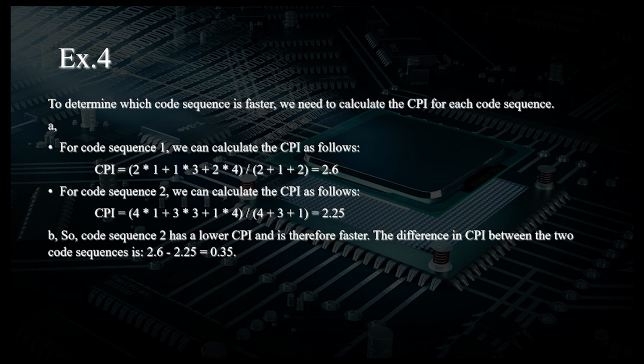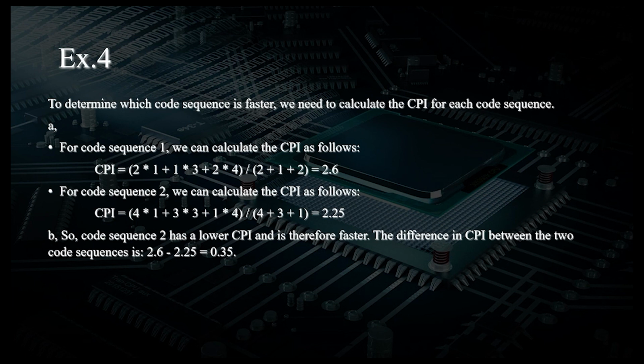On the screen you can see that, and when we substitute the numbers into the equation, we get the result. The CPI is about 2.6.